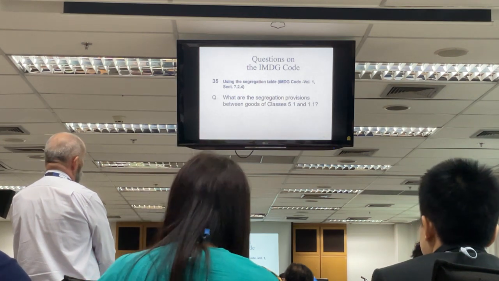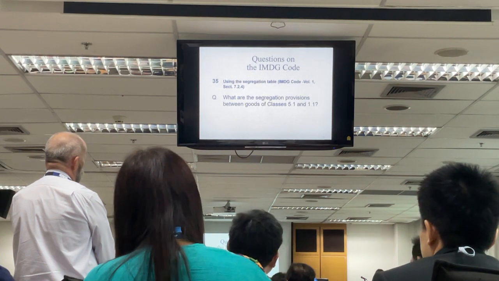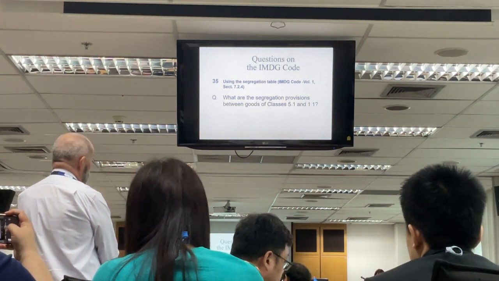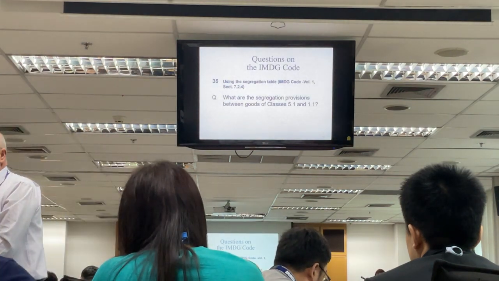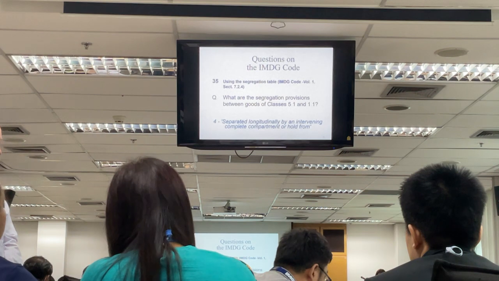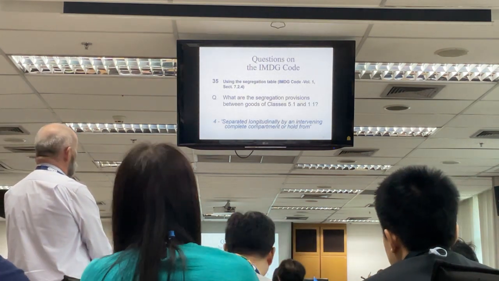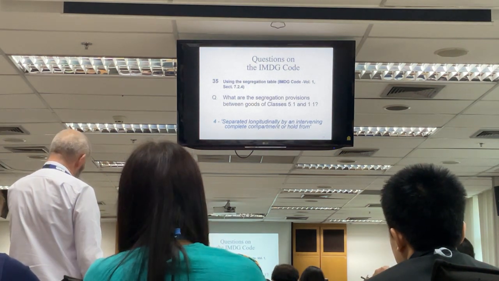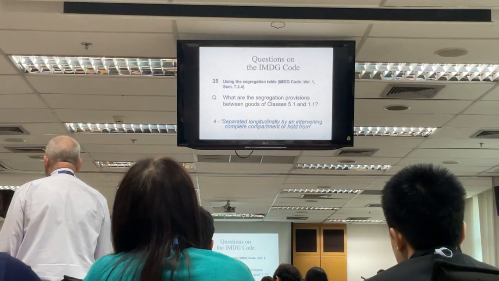Great. What are the segregation provisions this time for classes 5.1 and 1.1? Great. Criteria 4, because you know one is oxidizing, the other one is what? 1.1.